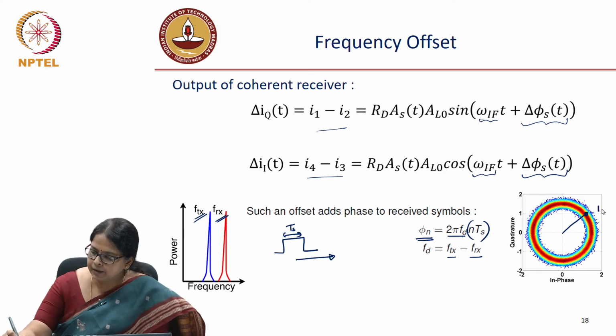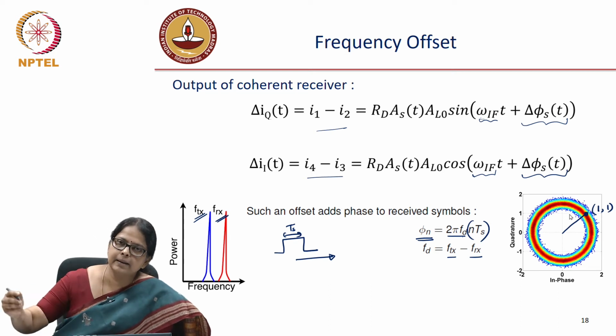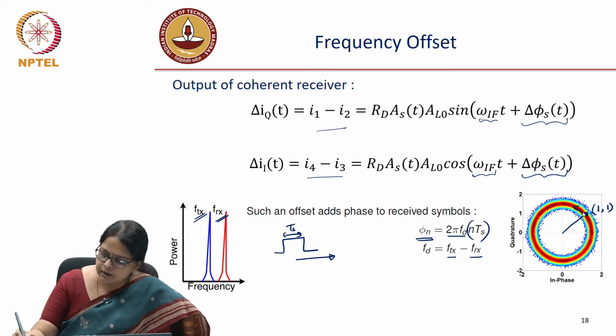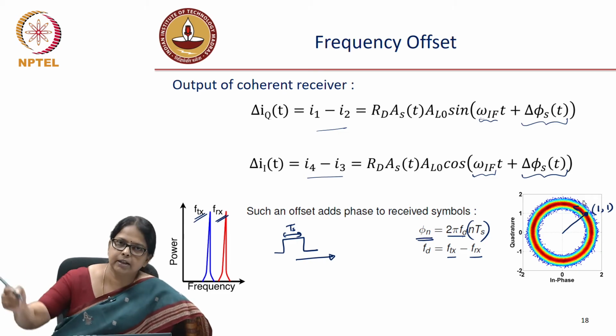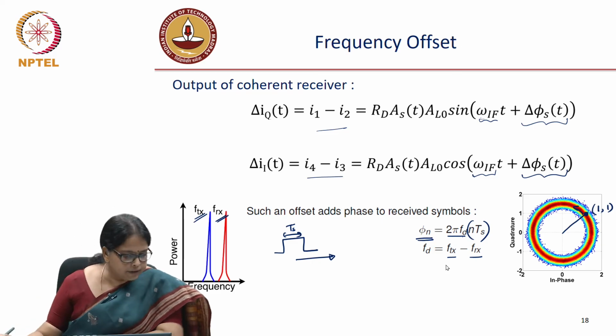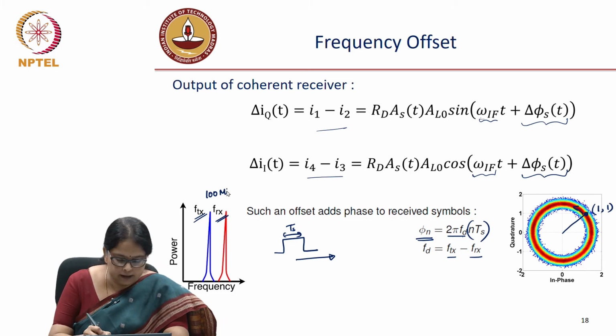So, the consequence of this is that you would have started with a symbol, let us say 1 plus 1j. As time progresses, the phase of the resultant beat signal keeps progressing. That is what it means, right? And the result is that the entire constellation will now form a circle. So, let us take an example of frequency offset. Let us say the frequency offset is 100 megahertz, which is still a very small number.